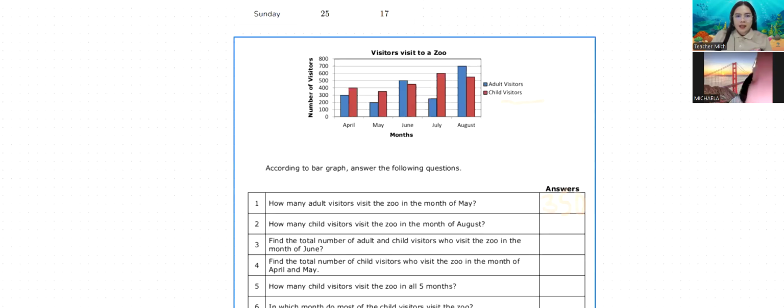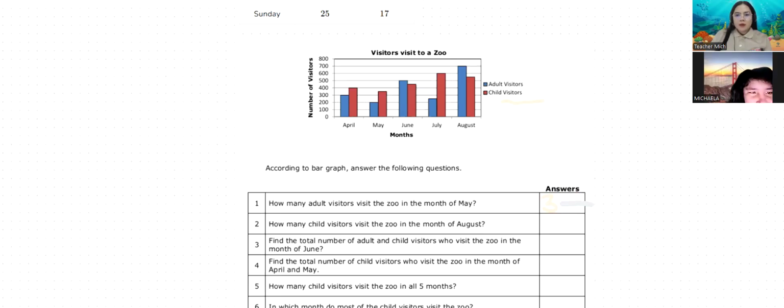Month of May, anak, what color is adult visitors? Blue. Color blue. Now, take a look at the month of May. Color blue, month of May. Okay, very good. That's only 200.